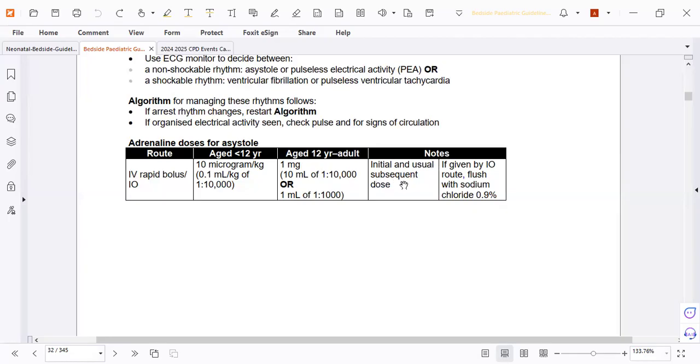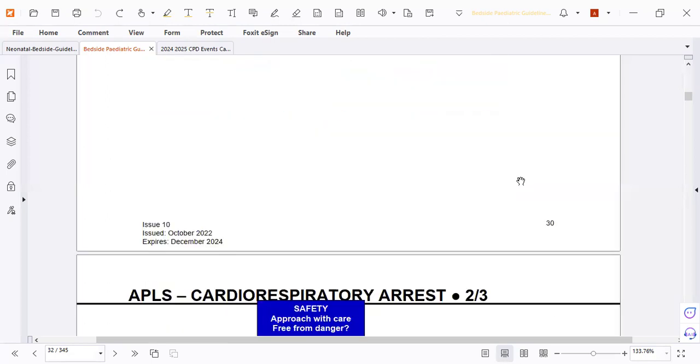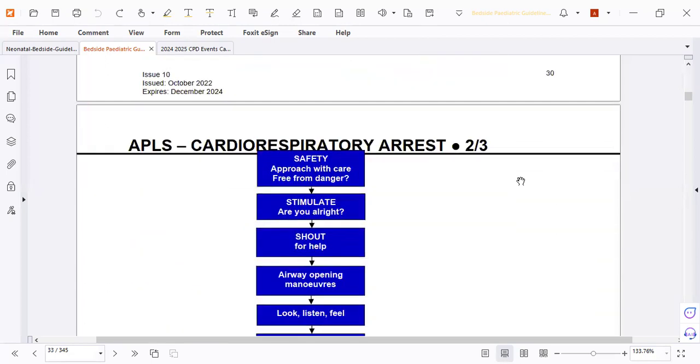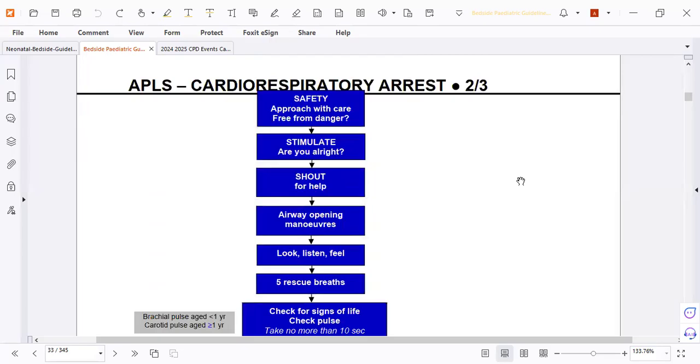If given by interosseous route, flush with sodium chloride 0.9. Okay, so that's very tiny, and I think most of you are familiar with these doses. Many of you have used this before.